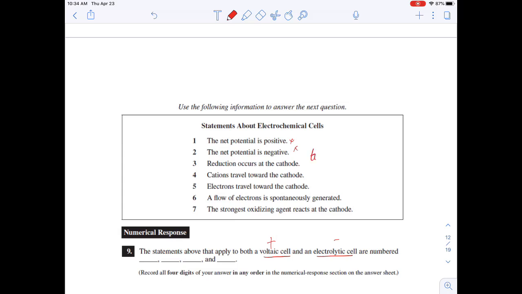That is true for all cells, GER-OAC, so that applies to both. Cations travel towards the cathode. That applies to both. Electrons travel towards the cathode. That's where they're gained. The flow of electrons is spontaneously generated. Spontaneously generated is only for voltaics. So voltaics are spontaneous, electrolytics are non-spontaneous. So that's not true. And the strongest oxidizing agent reacts at the cathode, and that is true.